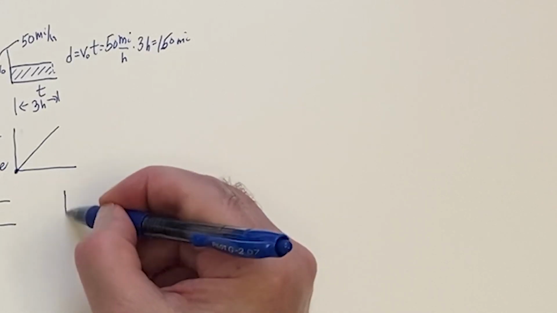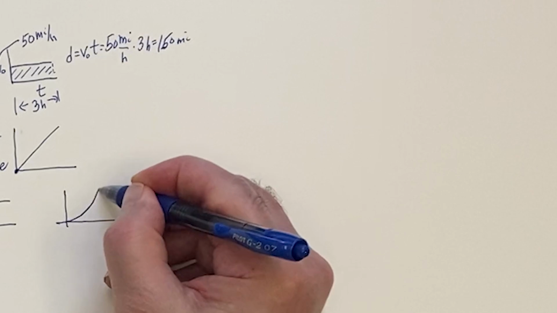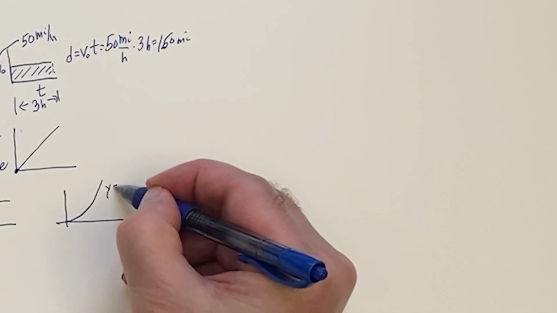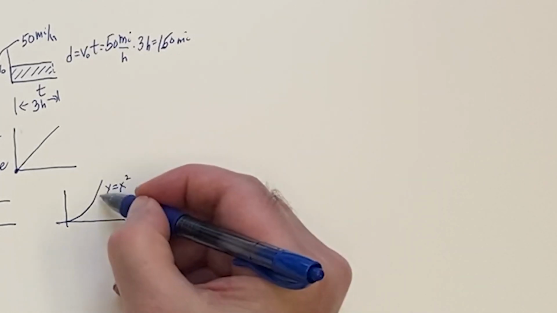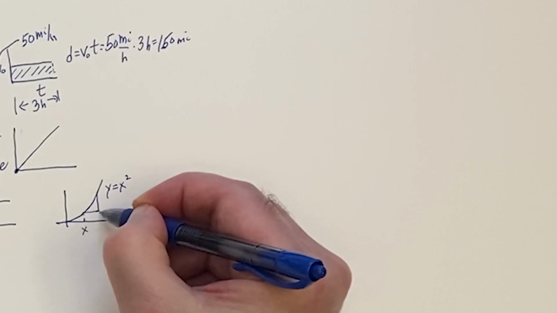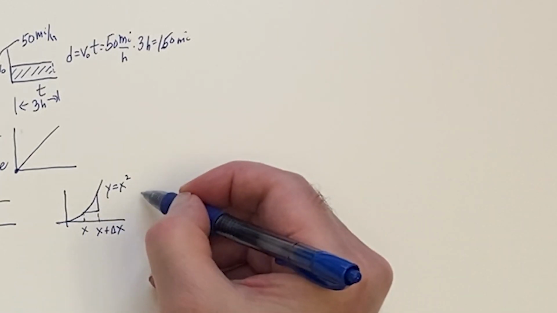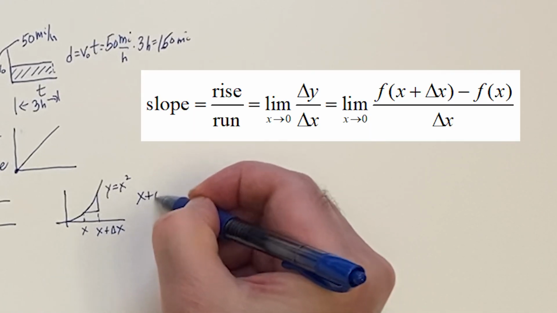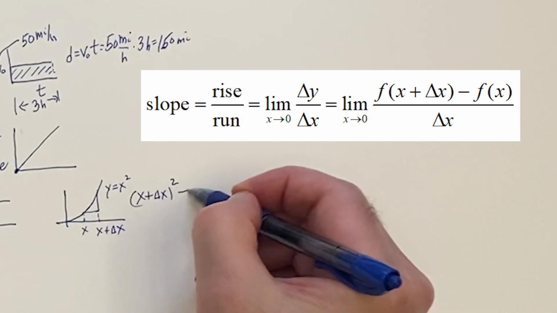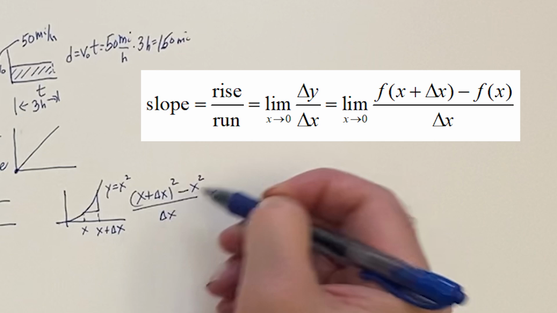But I'm more fond of just doing a simpler case where you have, say, the parabola. For example, if you have the parabola y is equal to x squared, then here, if this is your x, and this is your x plus delta x, I kind of like to just do x plus delta x squared for the big one, then minus the x squared, and divide by delta x. I think this is cool.